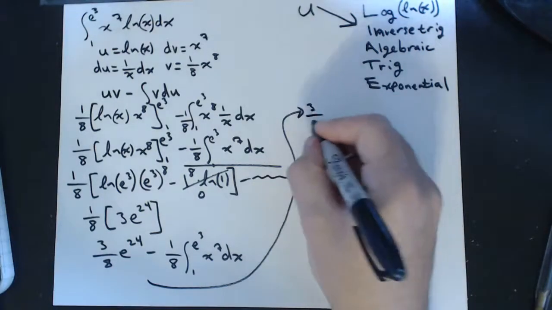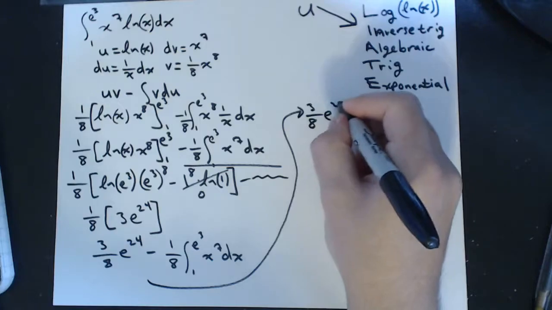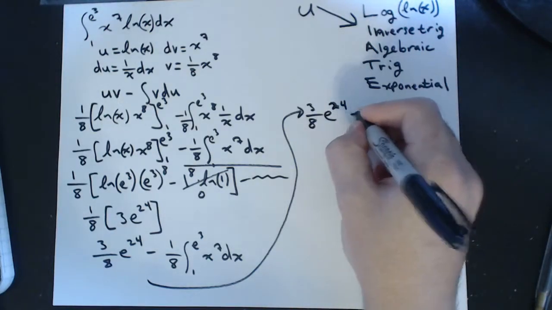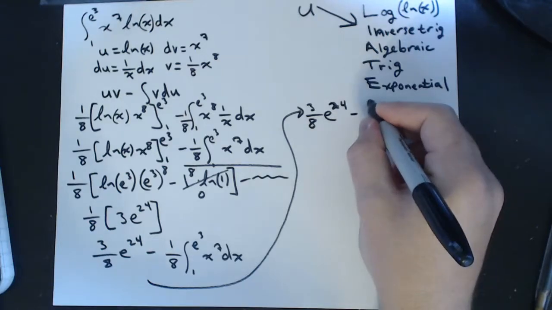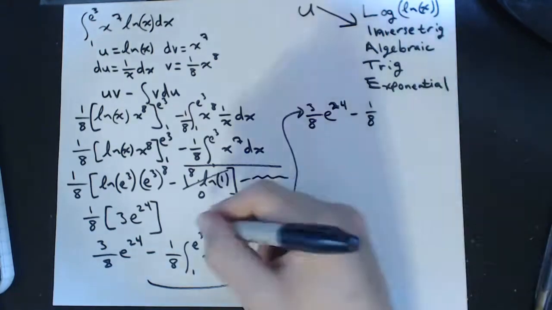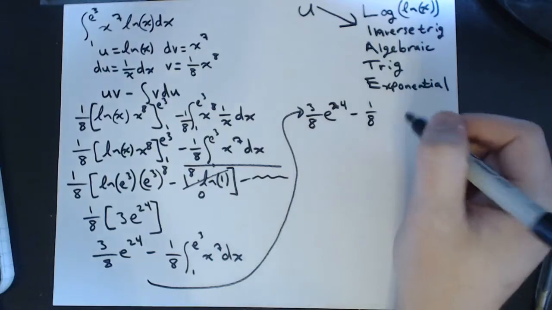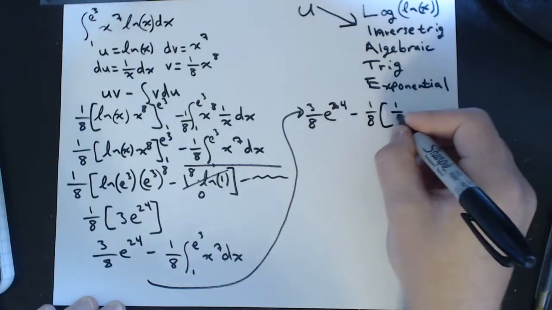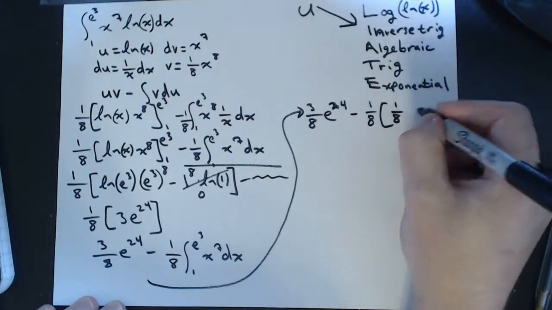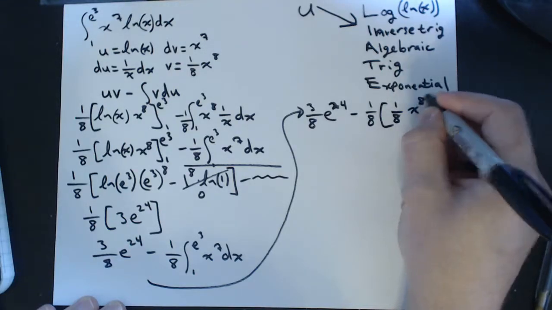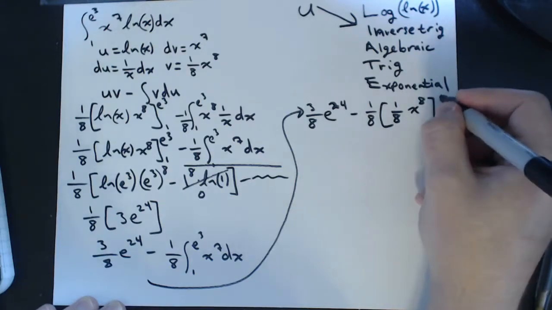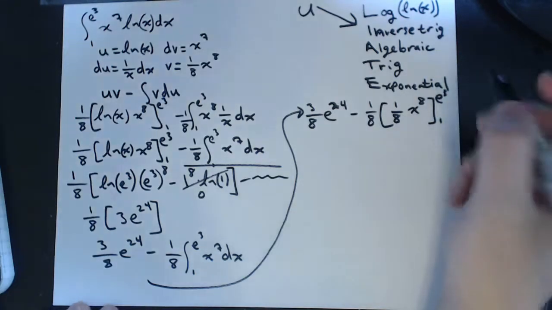This is going to be 3/8 e to the 24th minus 1/8. I'm going to pull that out. And then we integrate x to the 7th, we're going to get another 1/8, and this is going to be x to the 8th. And then this guy is evaluated from 1 to e cubed again.